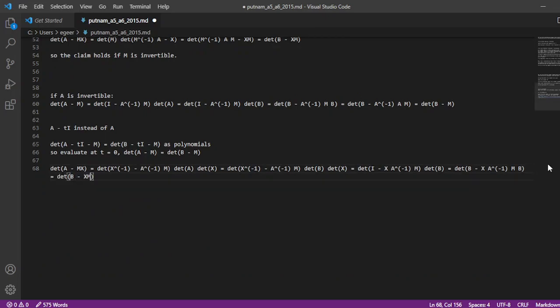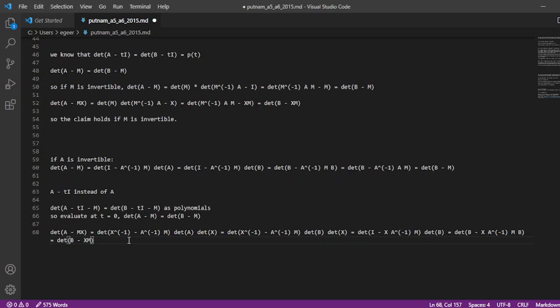B minus xM. So it again seems like we got the result we want, but we assumed that x and A are both invertible. It's a crucial detail. And we can't really assume this in general. However, we can do the same trick.